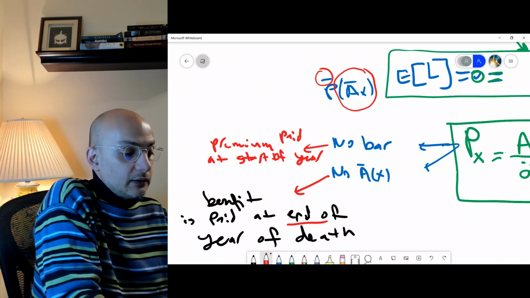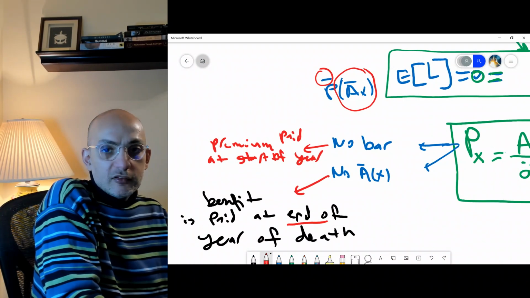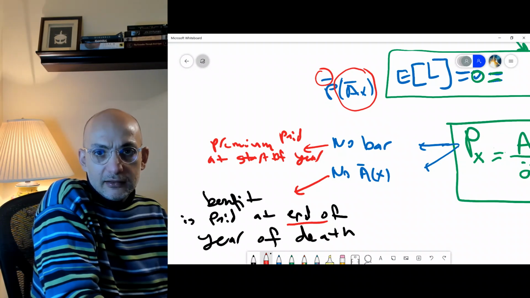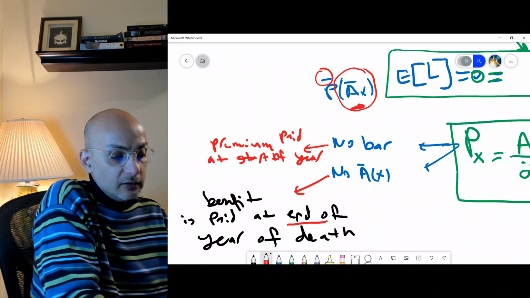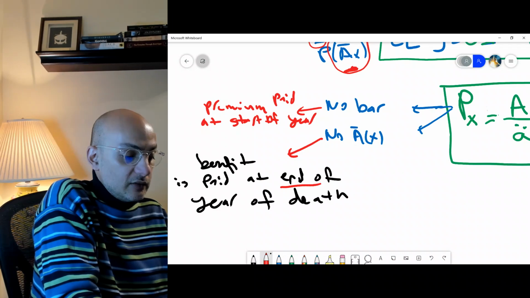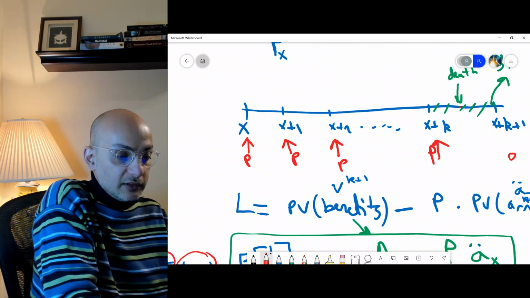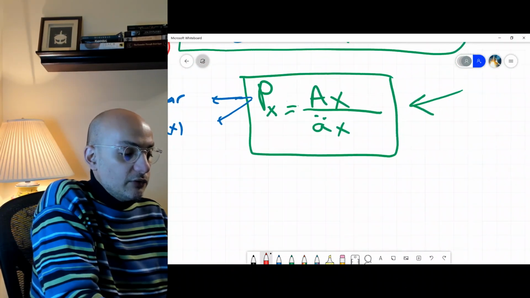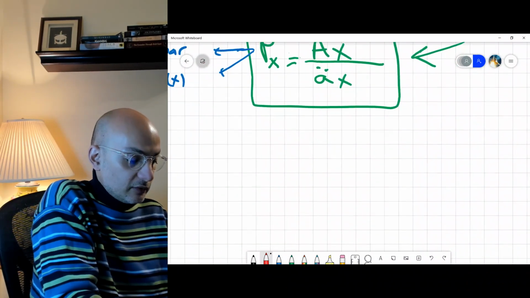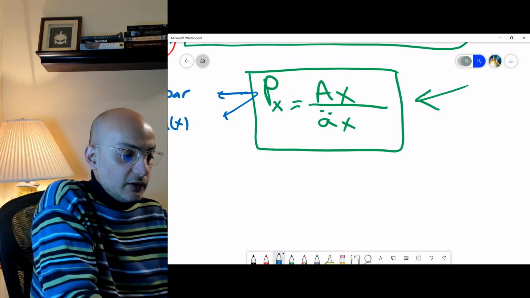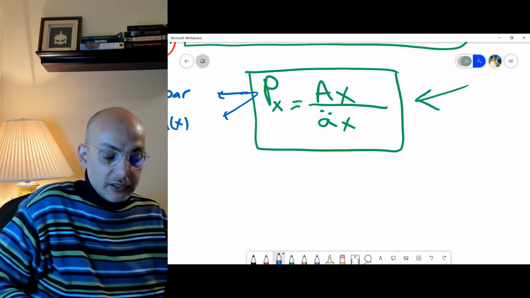This one here, when we have the A_x bar, it tells us benefit is paid at the moment of death in this case. Here it is paid at the end of the year. This is exactly what we visualize here, right? So it's very important to know how to read these. It's very important. It's a question many times difficult because we don't know how to read this one.